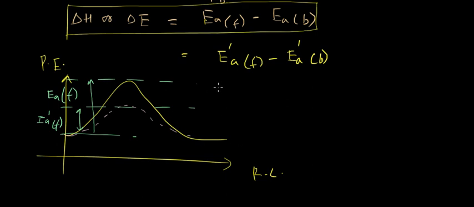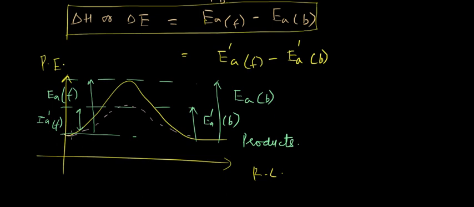Similarly, this was EA in backward direction, and this was EA dash in backward direction. These are the products, and this is the reactant. The energy difference between forward and backward direction remains the same in both cases.